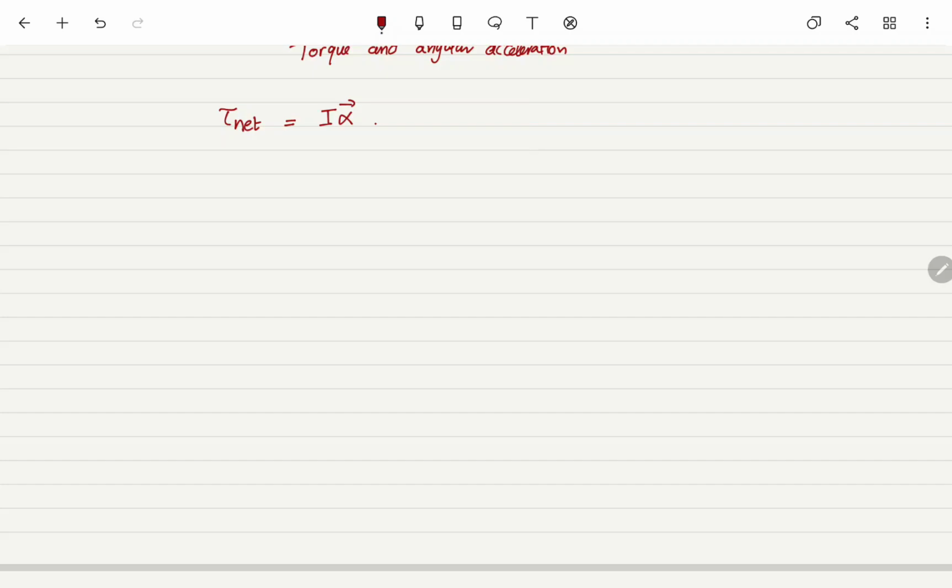So work in linear motion is defined as the integration from x initial to x final of Fx dx. Now in rotational motion, work is defined as the integration from theta initial to theta final of tau d theta. Now the kinetic energy in linear motion is defined as half mv square.